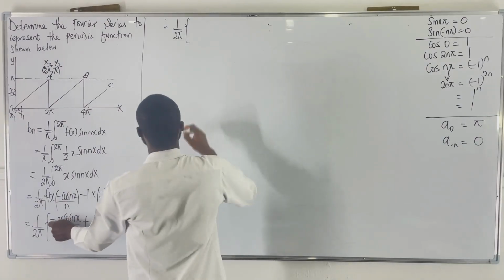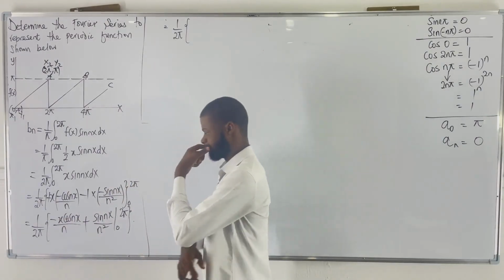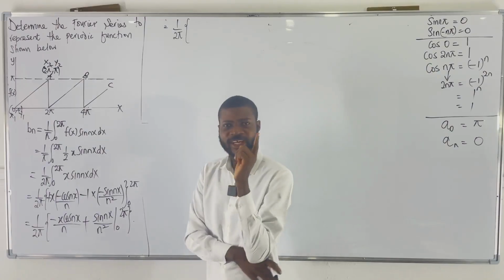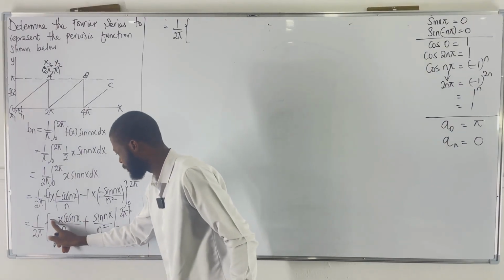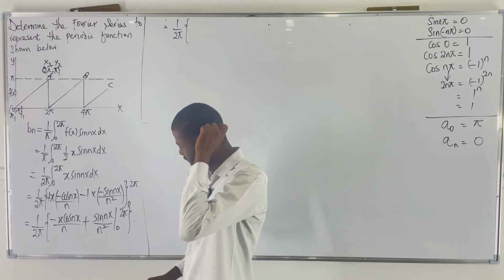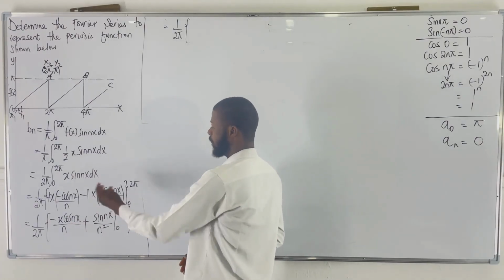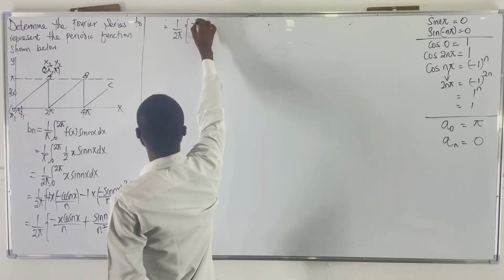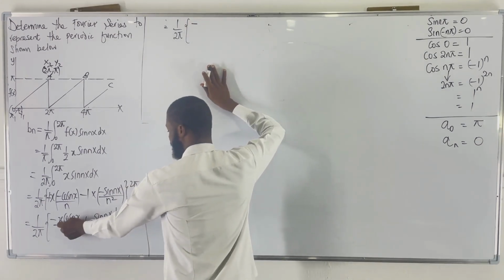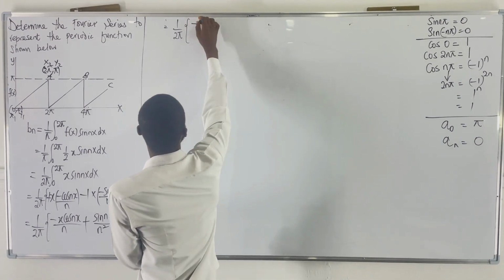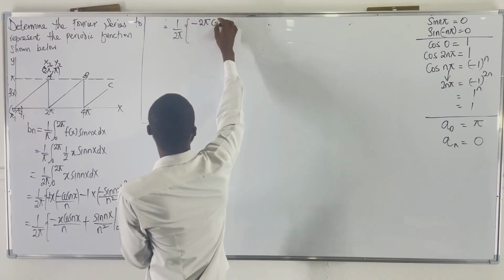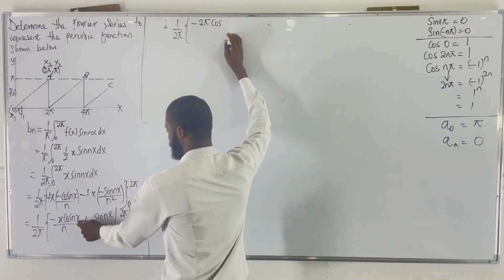So this will be minus. Let me bring out this minus, it is a constant. Okay, just leave it there. There's a reason I don't want to do that, but I can actually do that. So this is minus. Our value of x the first time will be 2 pi. So this will be 2 pi cos, the value of x again is 2 pi.